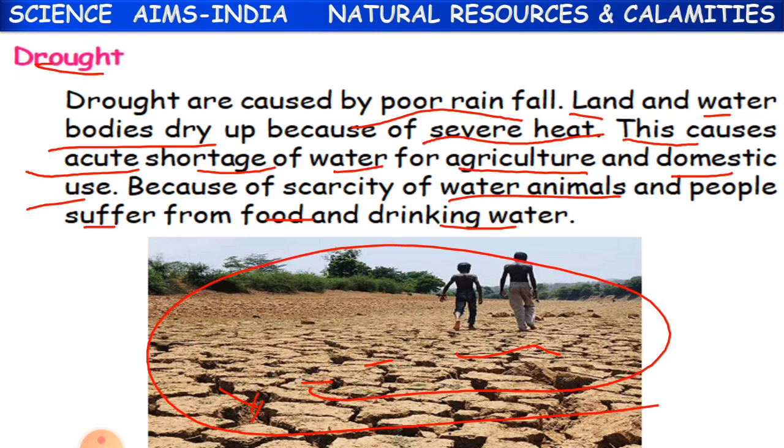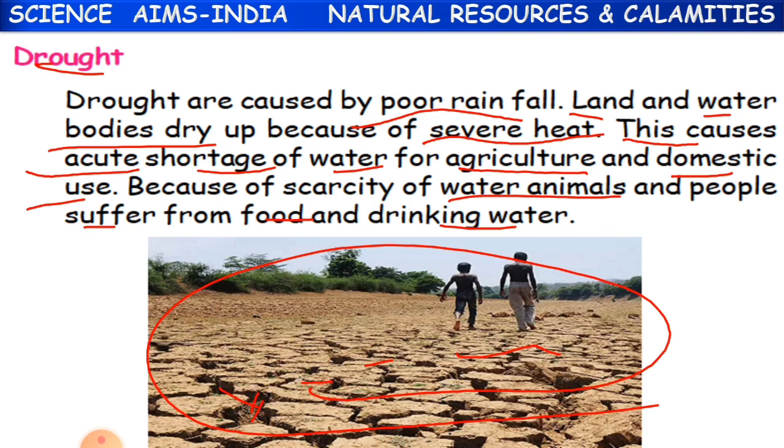As there is no rainfall, very poor rainfall. Drought will cause a shortage of water and there won't be a possibility to grow crops, and even we cannot use water for our drinking and cooking purposes. Animals and plants are also going to die.